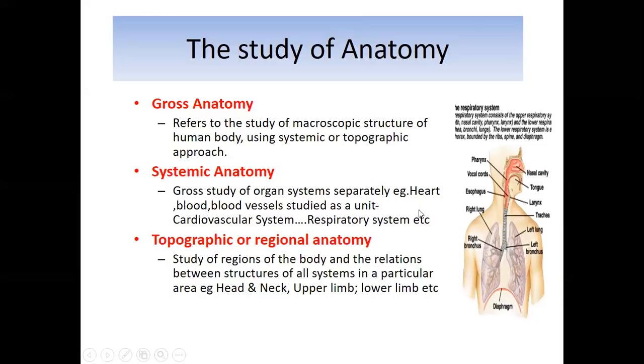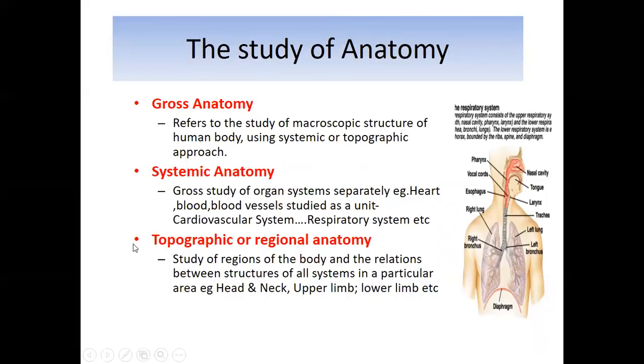For example, we have the heart, the blood and blood vessels, and these components are studied under one unit, the cardiovascular system. We have the respiratory system, and we have different systems in our body, so this is more on systemic anatomy. We study based on the systems of the human body.